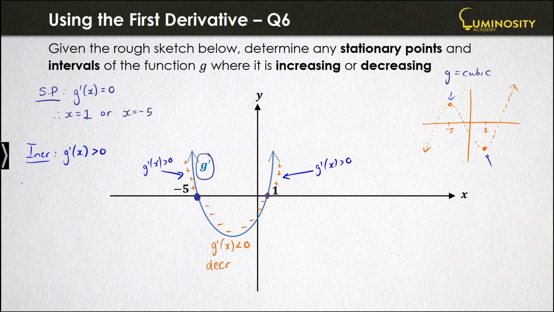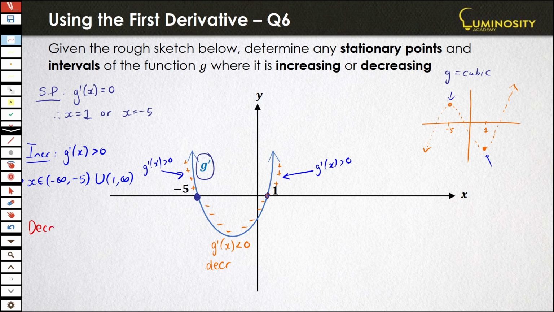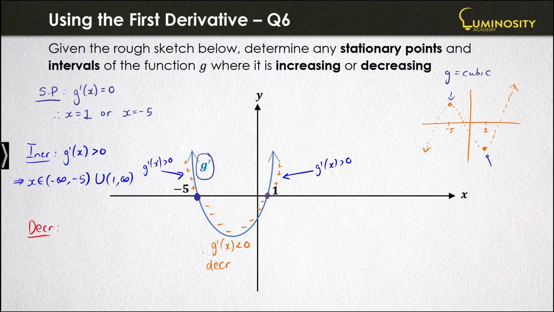So that is equivalent to x is an element from -infinity all the way up to -5, union, again, from 1 to infinity. And then where's your function decreasing? Well, again, from the given graph, that's when the derivative is less than 0. And from that given information, that interval is x is an element from -5 to +1.